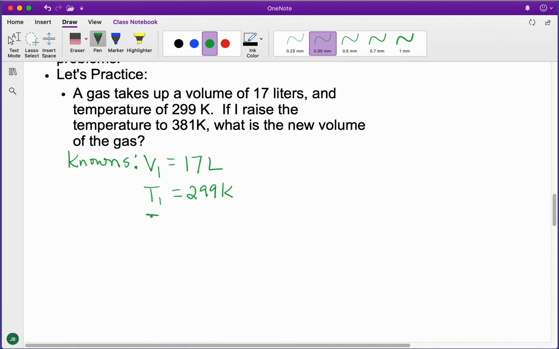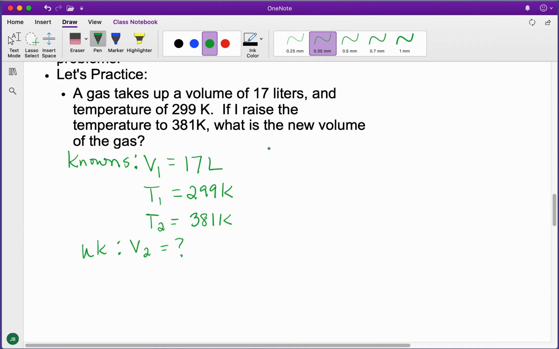And then we're also told that temperature 2, the final temperature, was raised to 381 kelvins. And so that means we must be solving for volume 2, which will be in liters.